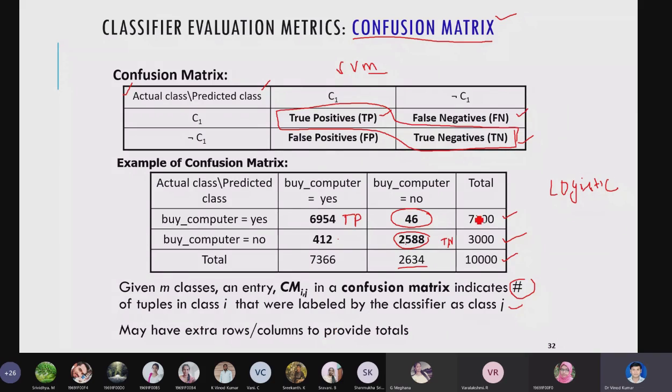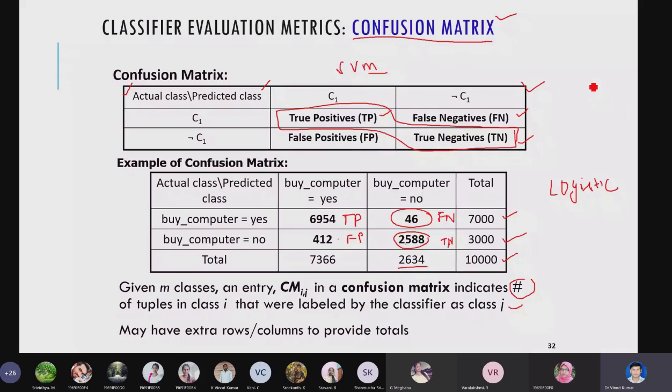These are the extra totals, but the main things are true positive, true negative, the false negative and the false positive. This confusion matrix you have to draw in your notebook so that you can recall it later on.